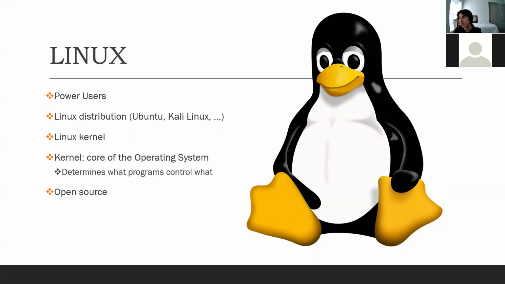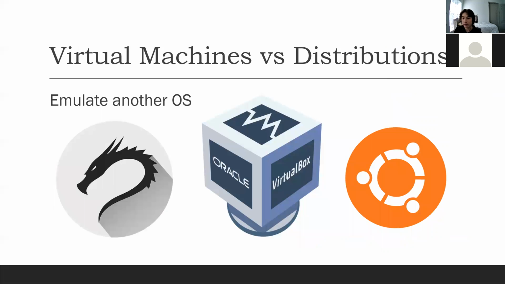There's multiple benefits, of which I can't name all of them, but all I know is real power users are really into Linux. So just know what that is. It's also open source, and there's a lot of different distributions for it. So there are different flavors of Linux. For example, that icon on the left is called Kali Linux.